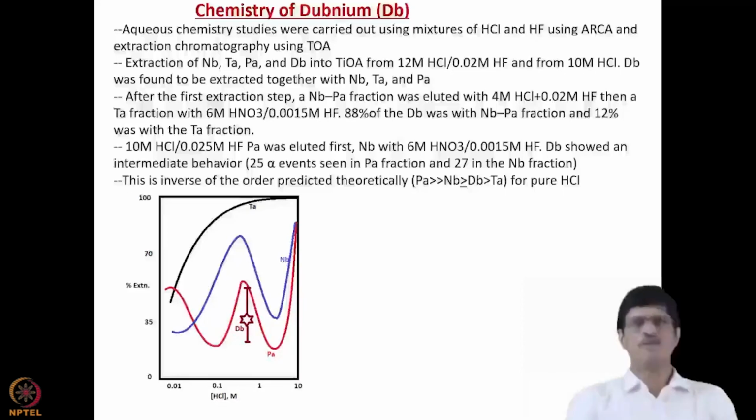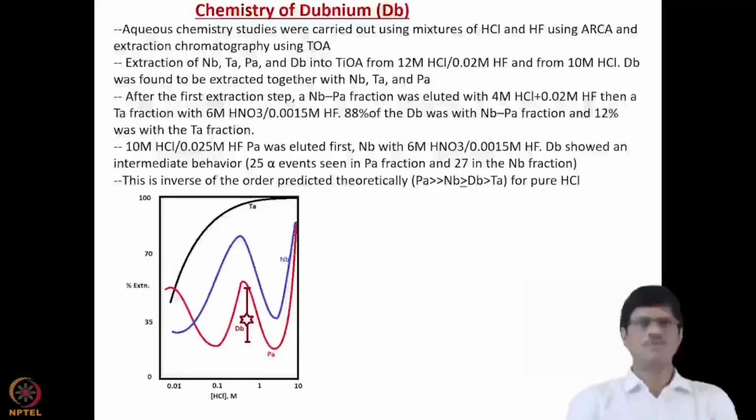The observation was that 80% of the dubnium was with the niobium-protactinium fraction, while only 12% was with the tantalum fraction. That suggests that dubnium more or less follows the similar chemistry of the niobium and protactinium fraction.